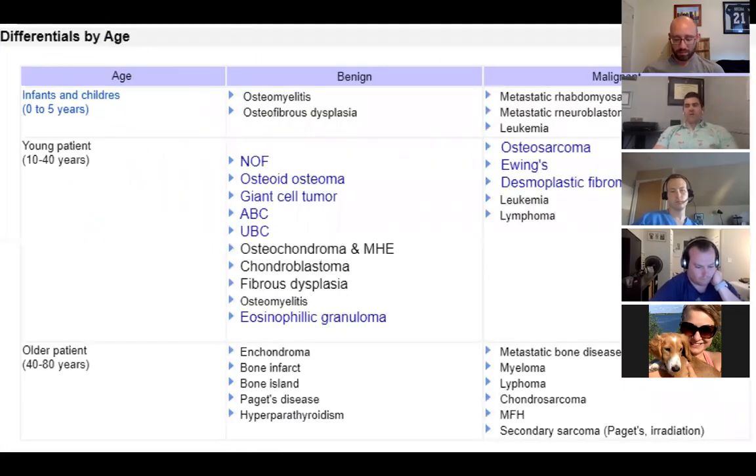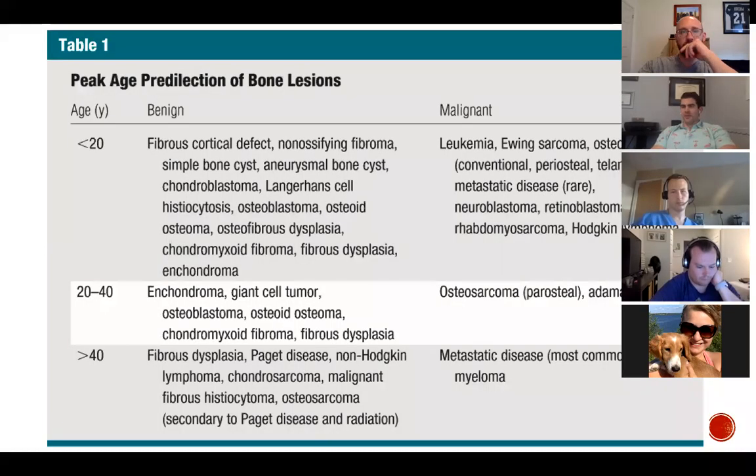This is for your reference, which will be sent out with a PDF, but it's a nice category of some of the pathologies listed on Ortho Bullets. I thought this is a great slide just for you guys to refer to later. Similarly, this is something for you to refer to, but it talks about the peak age of bone lesions and looking at each category to start to familiarize yourself with the general groups of diagnoses by age.